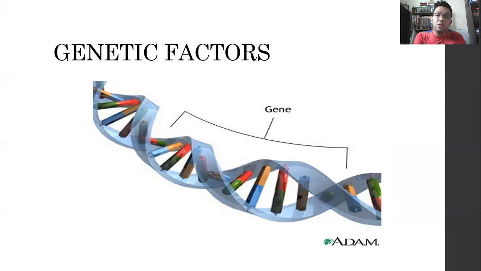So we have the gene that can cause either drug or food allergies. So if a patient, for example, is allergic to a certain antibiotic, the doctor should change it to a different type of antibiotic in order for the patient to be treated for that specific infection.